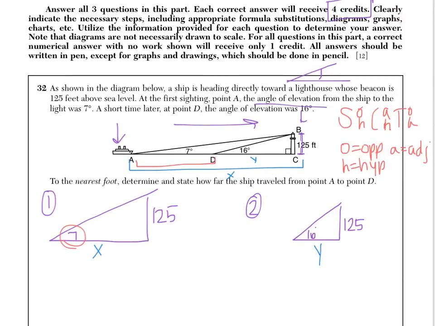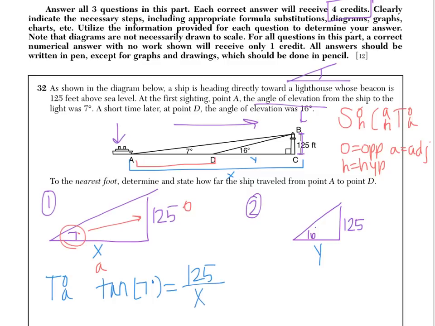If I circle the angle of 7 degrees, directly opposite, I have 125, so I label that as an O. Right next to it, adjacent to it, I have the x, so I label that as an A. O and A tell me to use TOA. So now I have tangent of 7 degrees equals opposite 125 over x, the adjacent.